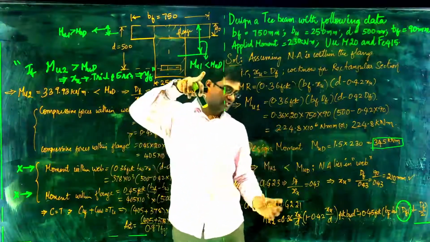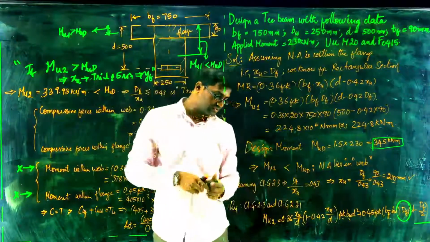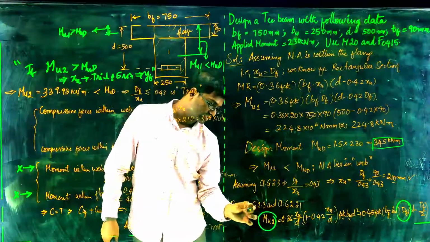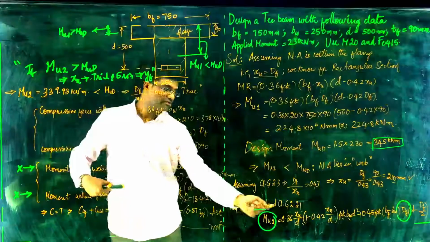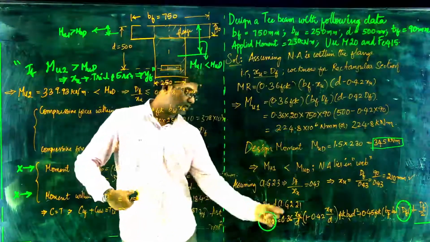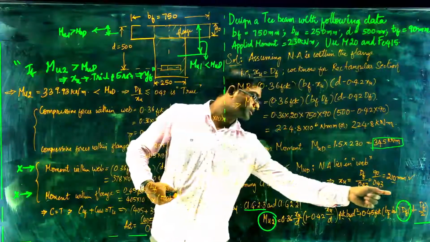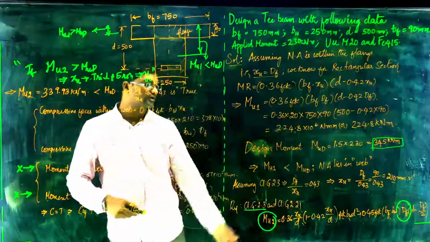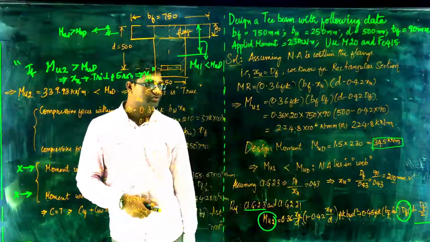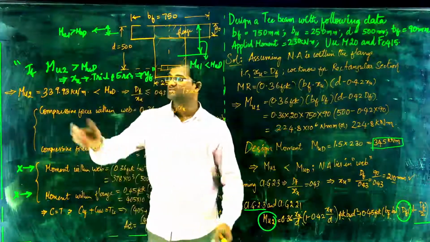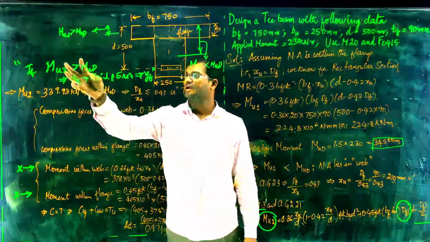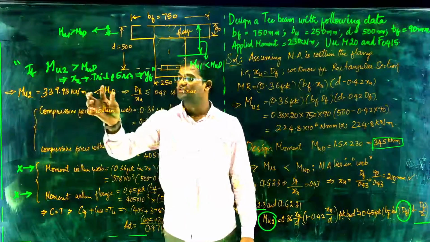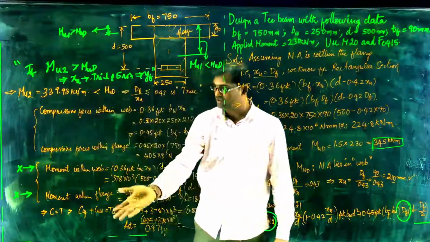So if this condition is there, then you need to calculate this Mu2 value by using clause number G-2.3, where Xu max is replaced with Xu, and the Xu value is assumed by equating Df by Xu equals 0.43. We will compare this Mu2 value with Mud, and if Mu2 is less than Mud, then this is how you need to calculate.